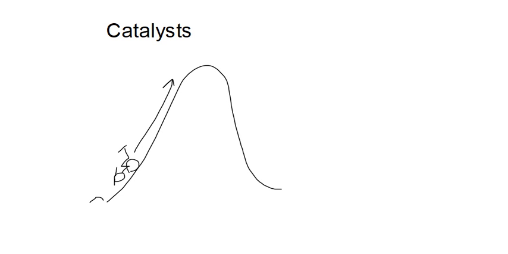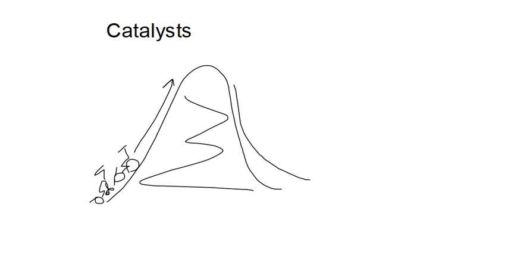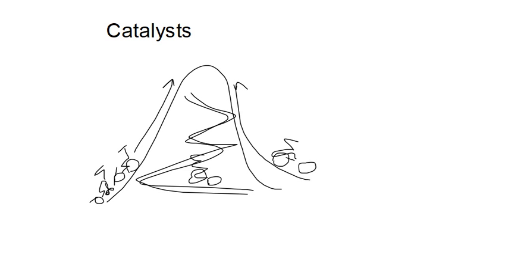Everyone on the bike has to go up that exact same hill. However, if we add different pathways, like pathways that zig and zag up the side of the mountain, then there are more pathways for the bikes to go up, which means the reaction is going to occur at a faster rate.